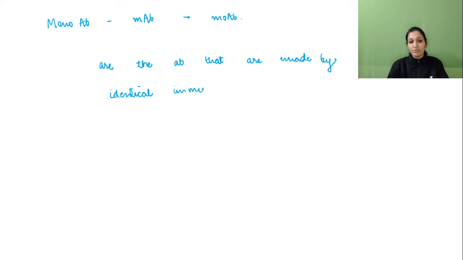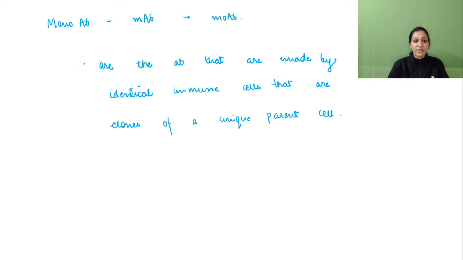Like what I told you, if a single type of cell is made into clones, then they are called identical clones, identical immune cells that are clones of a unique parent cell.